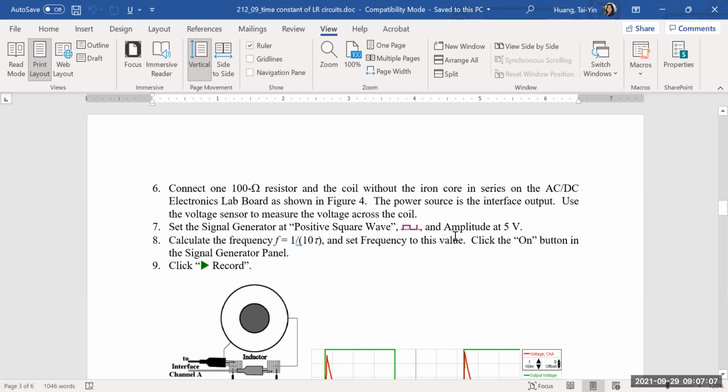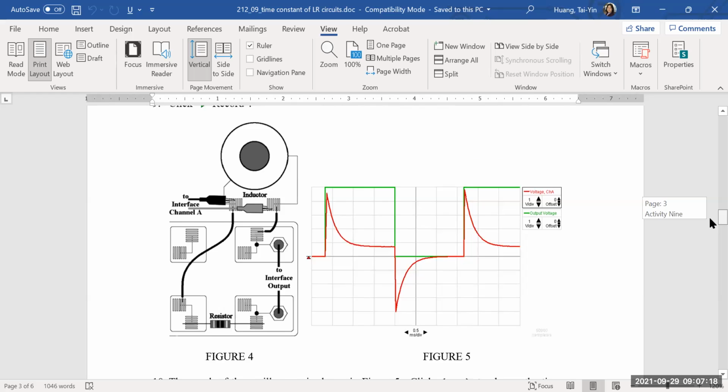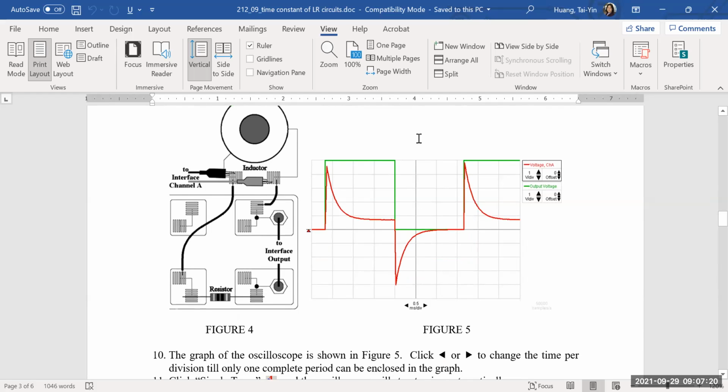Once you set everything up, click the on button on the signal generator panel, then hit record, and the program will start running and you're going to generate plots like this. Because we use a square wave, when we measure the voltage across the inductor, we find that the voltage rises and falls, rises and falls. So there's the decreasing part and the increasing part, because we're actually using an AC circuit.